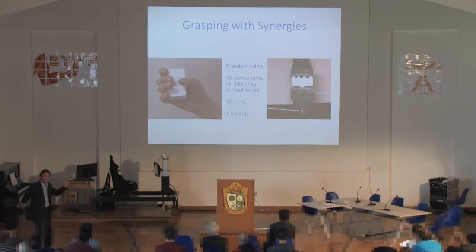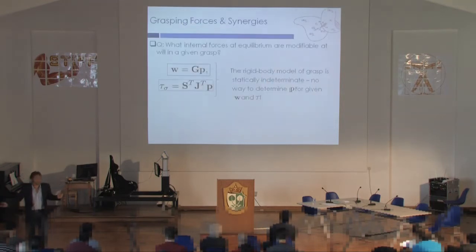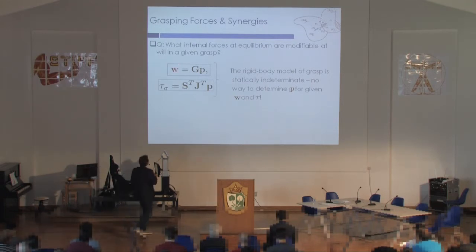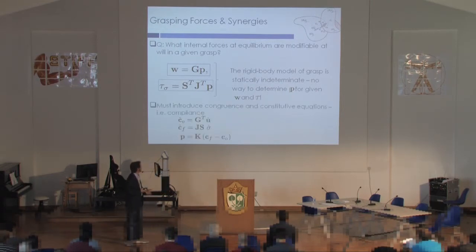So how do synergies come together with forces? Well, this is a statically indeterminate problem. There is no way to determine P from given W and torques. There's little you can do about that. You have to introduce congruence and constitutive equations. That means compliance.